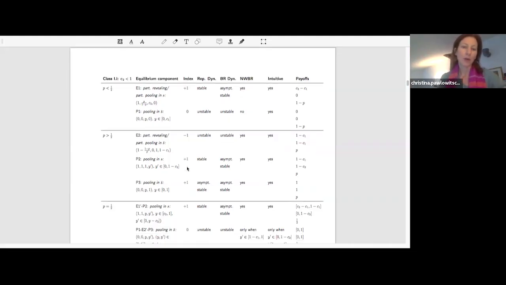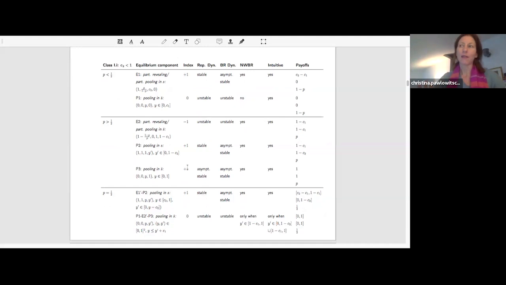And so in the case where the prior that player one is of the high type is already above the critical value, this is a case that has been largely neglected in the literature. Very interestingly, we find three equilibrium components here. We have one component where everybody signals, where both types use the signal, and we have a component where nobody uses the signal.